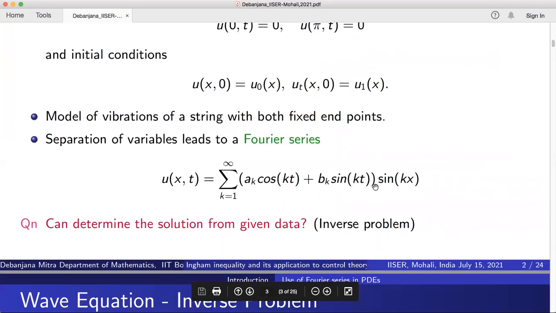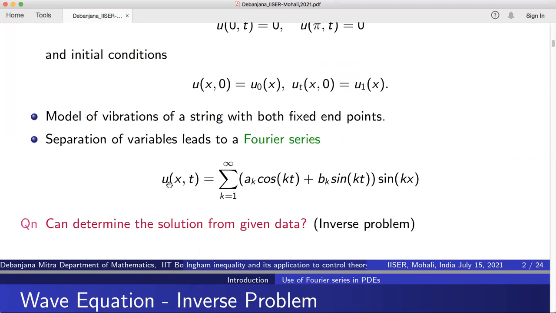I know the expression of u, so I have to find what u0 is: if I put t equal to 0, I will get the initial condition u0. I have to take a t derivative of u and then put t equal to 0 to find u1, and then estimate u0 and u1 in that particular Sobolev norm.